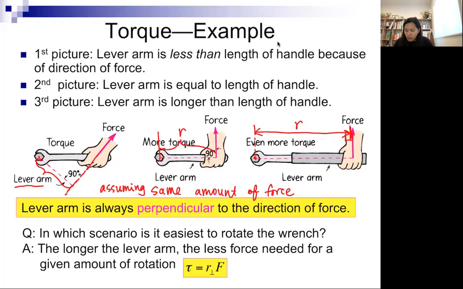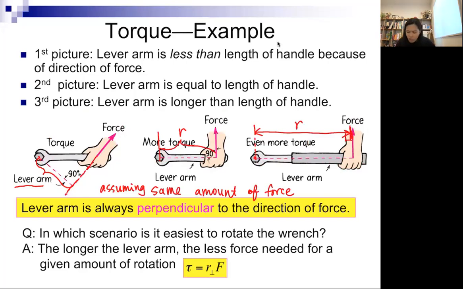And when we're looking at extended objects, it's quite difficult to analyze forces and torques through an extended object. This pinwheel demonstration shows us that this is an extended object, but its rotation is just about a single point, which is the pivot point.